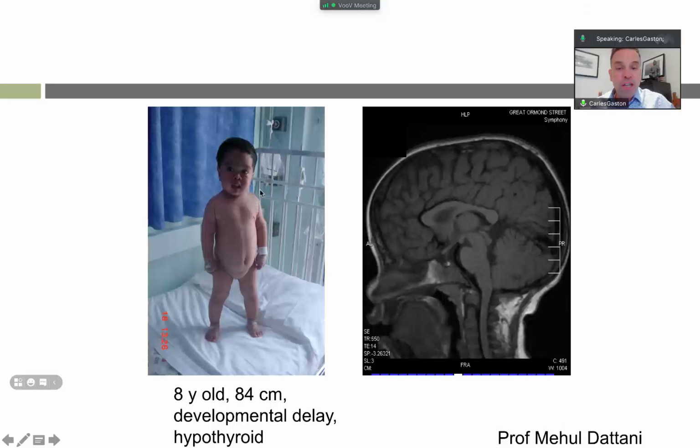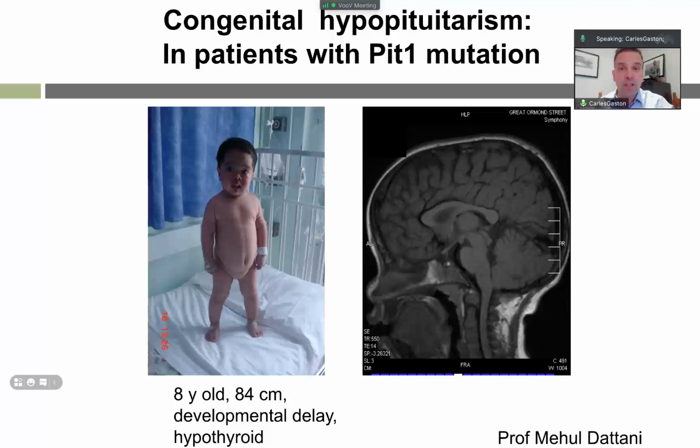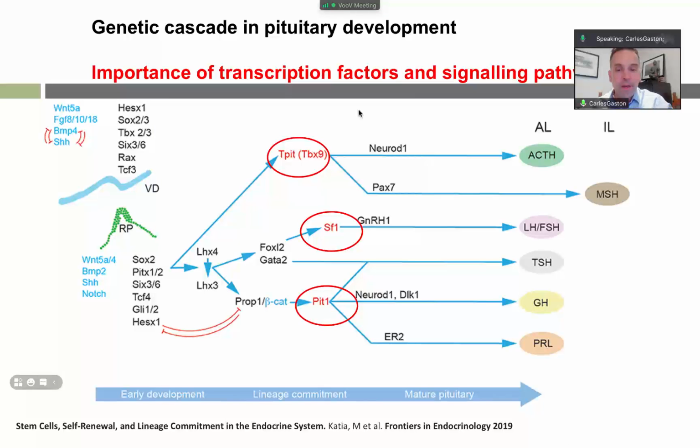This patient was diagnosed with hypopituitarism, and if you look here at the MRI, again you can see the cortex, the corpus callosum, but if you look at the bright spot, it's very small, indicating a small pituitary gland and hypopituitarism. So this patient has a mutation in PID1 transcription factor. If we go back into the cascade, PID1 is at this level.